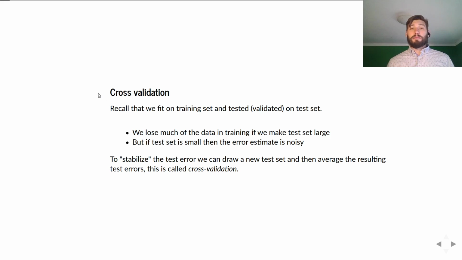Okay, so before we get to convex optimization, I just wanted to talk briefly about cross-validation, because we didn't quite get to that last time, and it really is something we should talk about a little bit because it doesn't take too much. Before we did training and test splits, right? And sometimes we are splitting our training set further into training and validation, and this holds for either case.